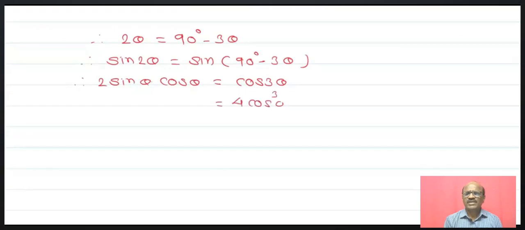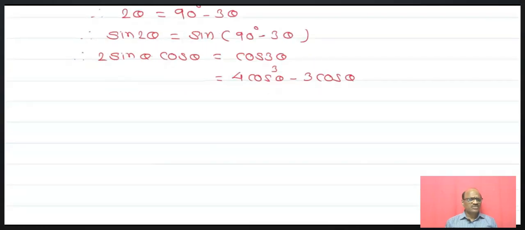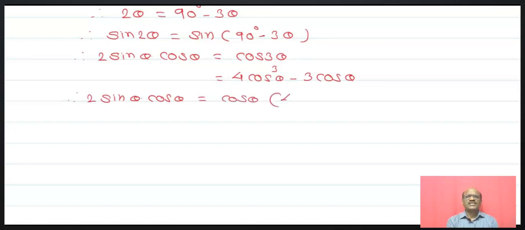Now what is the value of cos of 3 theta? That is 4 cos cube theta minus 3 cos theta. Now take cos theta as common and cancel it on both sides. Then you will get a quadratic equation in terms of sin theta. Now see this, very interesting.